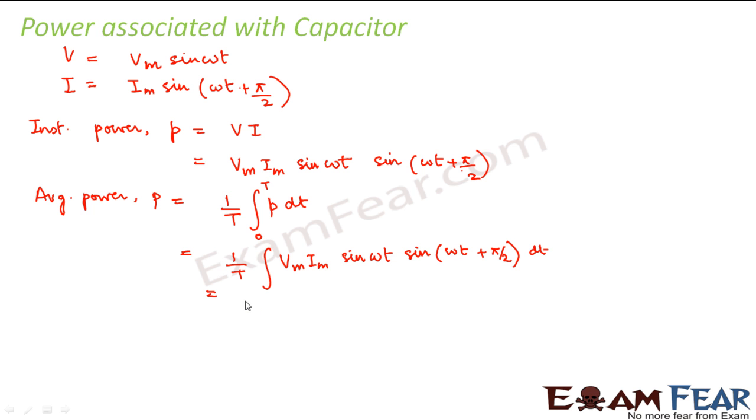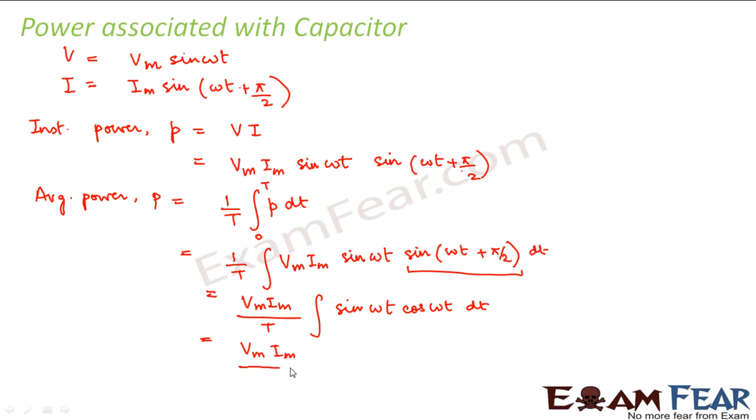So this can be written as VmIm divided by T integration of sine omega t and sine omega t plus pi by 2. We can write sine omega t plus pi by 2 as cos omega t. So this would be sine omega t cos omega t dt.